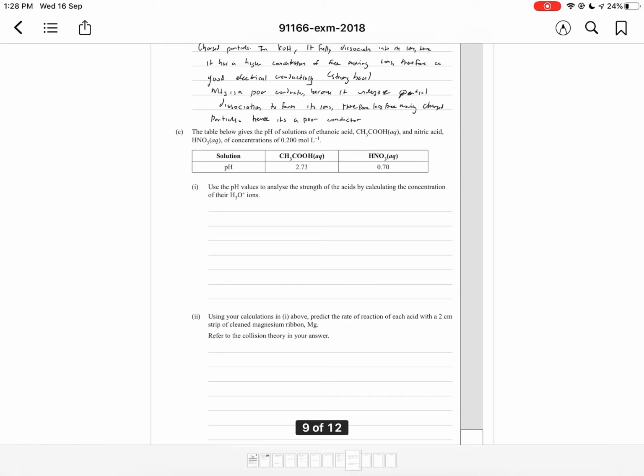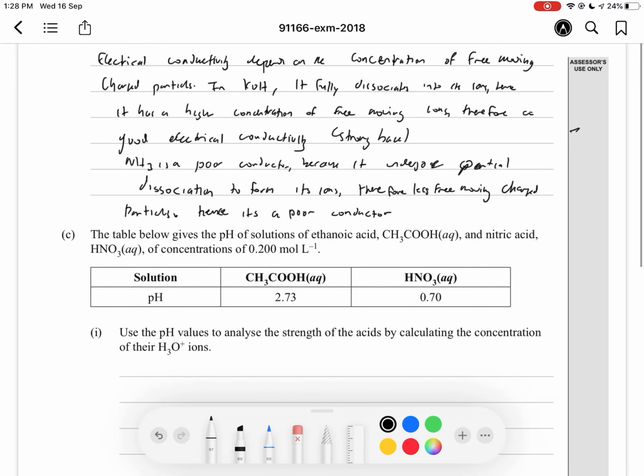Like I was just saying, when KOH dissociates into its ions, more OH minus ions are produced, and when NH3 dissociates, less OH minus ions are produced. So basically just those two main ideas. Right, yeah, and that's really all we need to get an excellence.